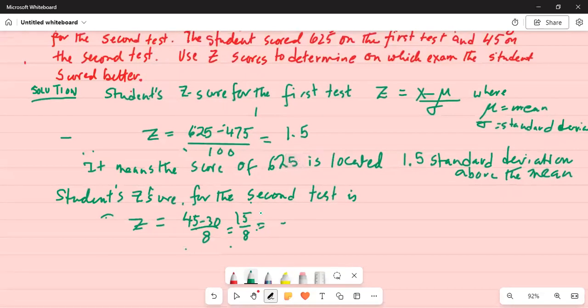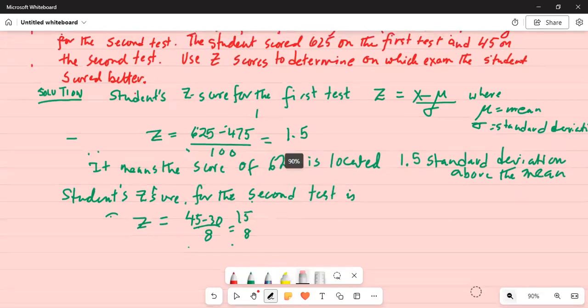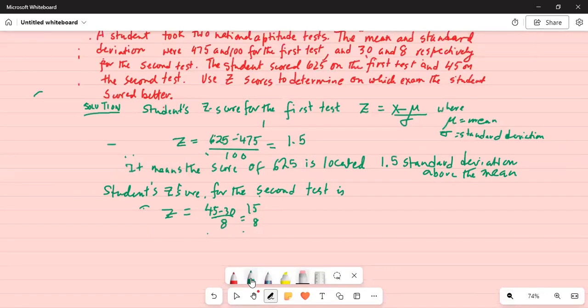Let me erase that. It's equal, 15 divided by 8 is 1.875.